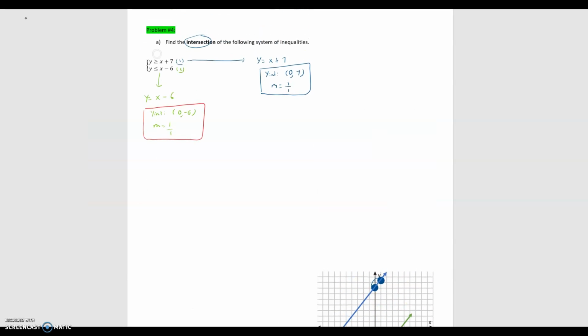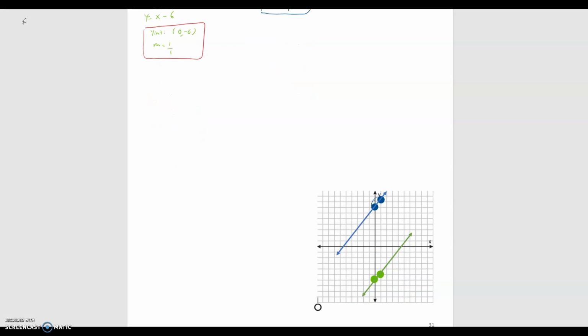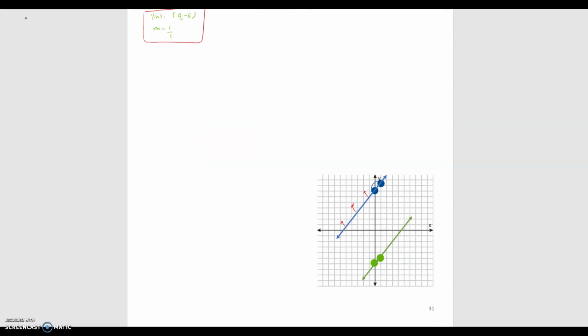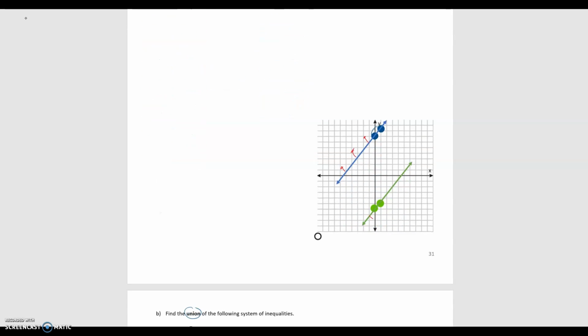Notice that on the first one, it's greater than or equal, so the blue line, it's going to be above here. And the second one, which is the green one, says less than or equal, so in this situation, it's going to be below.